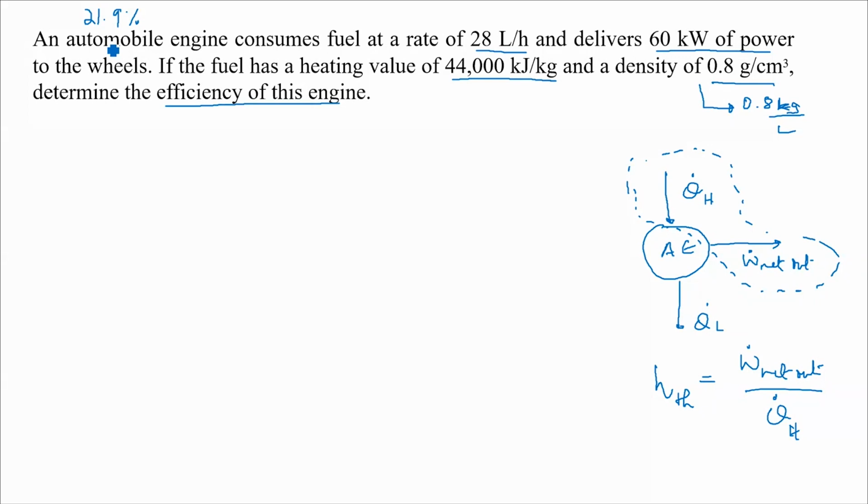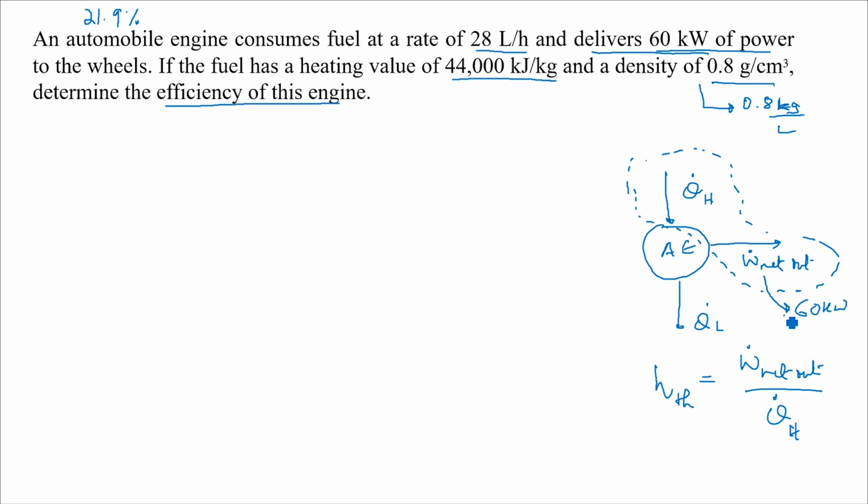All right, so those who have solved, what is the net power output? 60 kilowatt. All right, so the net power output, as it says, delivers 60 kilowatt of power to the wheel, is 60 kilowatt.